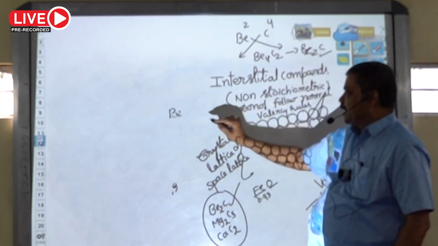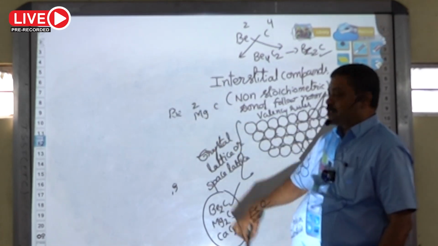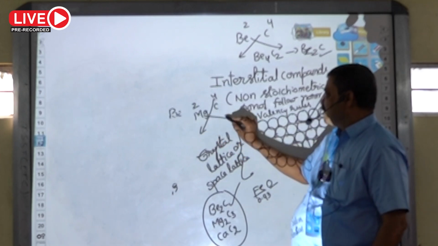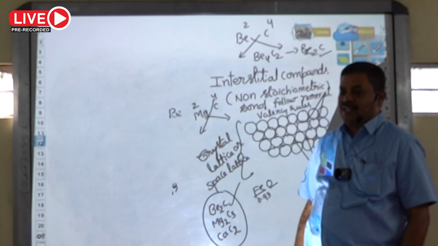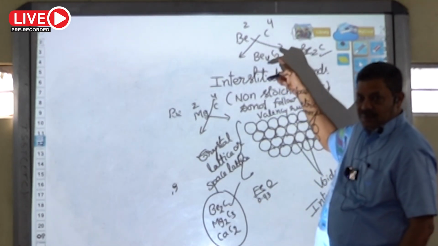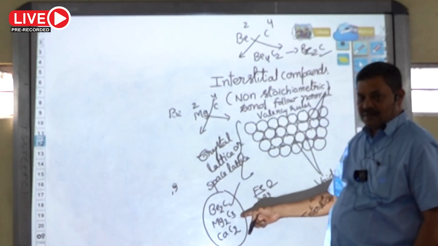But after that, magnesium carbide: Mg valence is 2, carbon valence is 4. Again, what is the expected formula? Mg4C2 or Mg2C. But what formula did we get?